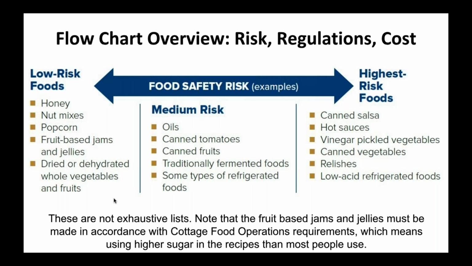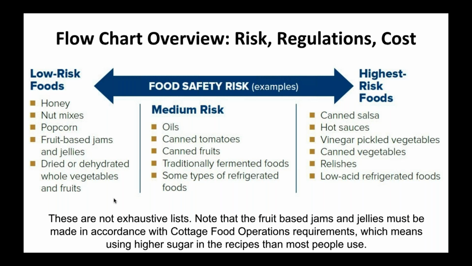Canned tomatoes, canned fruits, and any of the low-risk foods on that low-risk foods list, if you're producing more or selling more than $50,000 a year of those products, and therefore would not be able to fall under the Cottage Food Law, you move up into this medium category where you'd have to produce those food products under the processed food registration under the state of California. So moving up this list, we have more regulations that apply.